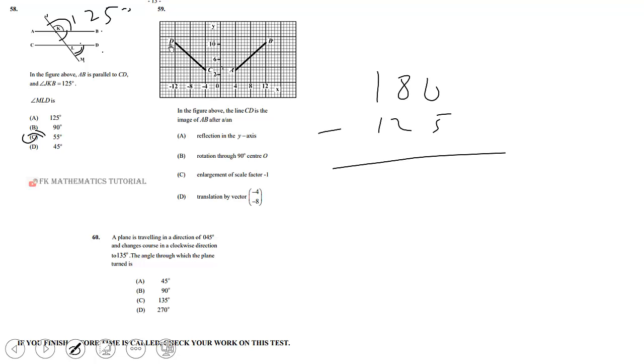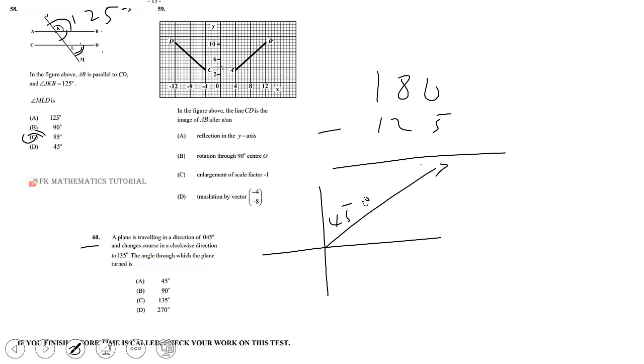Now let's look at this. The final question. A plane is traveling in a direction of 45 degrees and changes course in a clockwise direction to 135 degrees. The angle through which the plane turns is. So we have a plane that is going like this, 45 degrees.